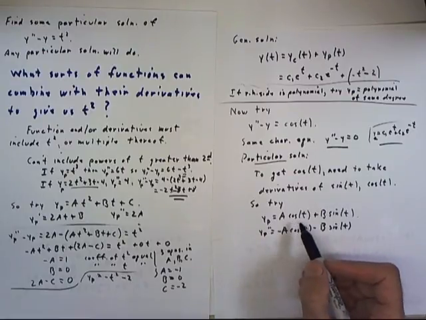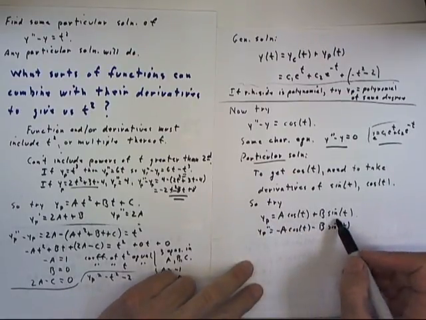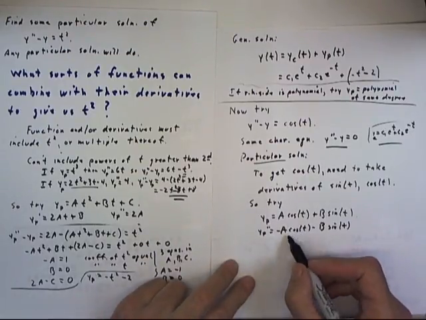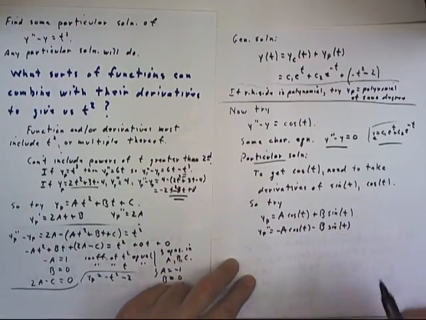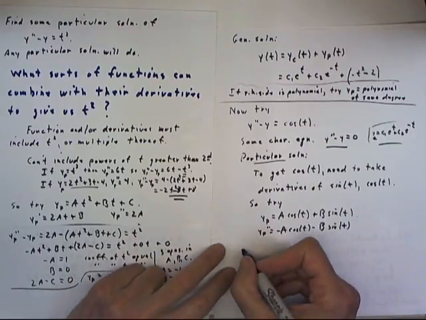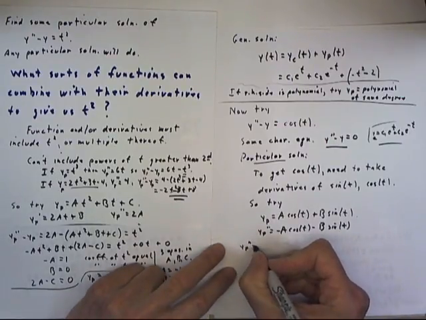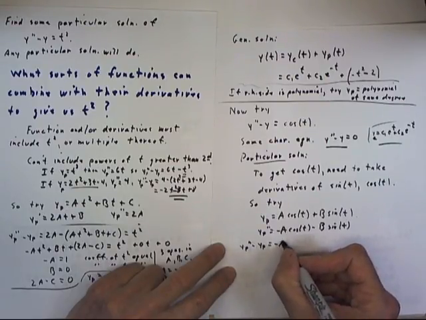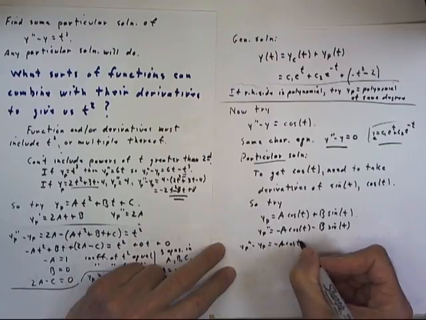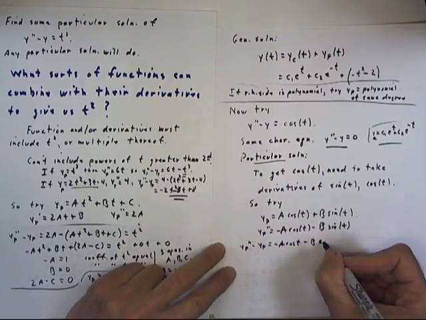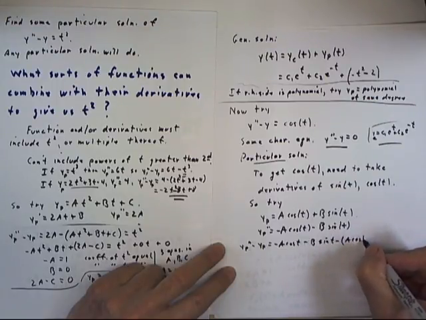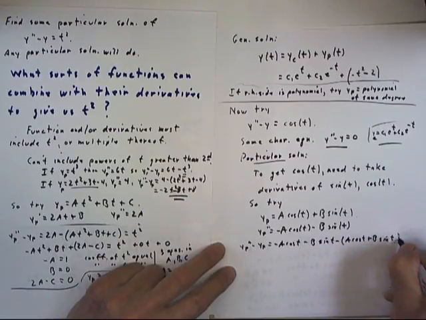So we're going to try a particular solution of the form a cosine t plus b sine t. We can easily verify that the second derivative is negative a cosine t minus b sine t. That gives us the equation yp double prime minus yp equals negative a cosine t minus b sine t minus the quantity a cosine t plus b sine t.